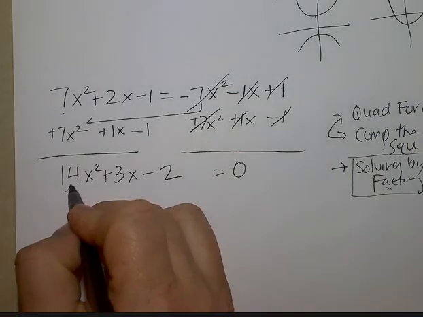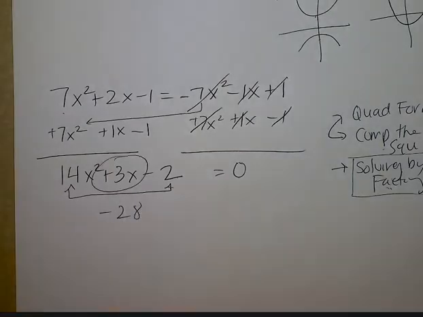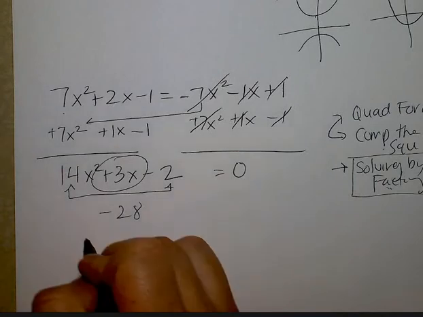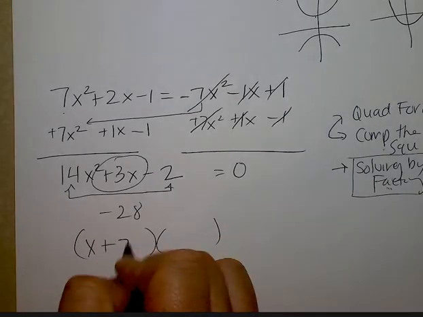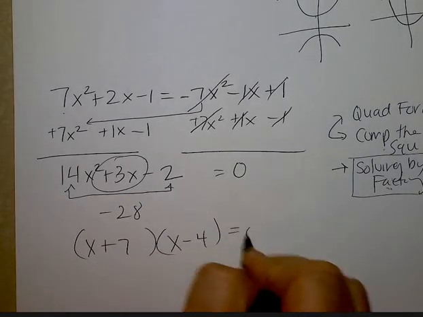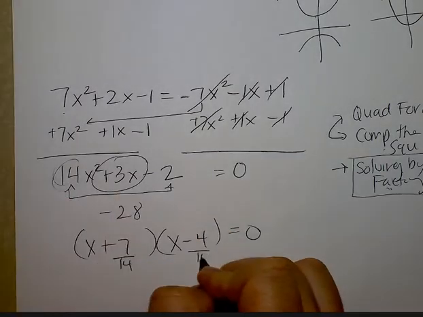So 14 times negative 2 is negative 28. If this is factorable, can you come up with two numbers that multiply to give you negative 28 and combine to give you 3? 7 and 4. So it has to be a positive 7 and a negative 4. Then we're going to take the leading coefficient, which is not 1, and place it underneath each number.